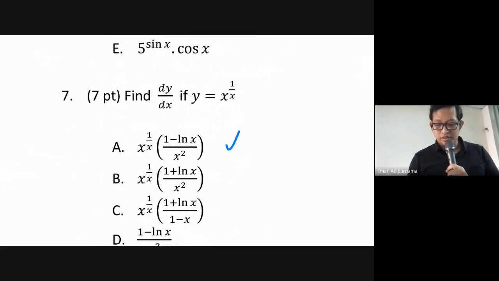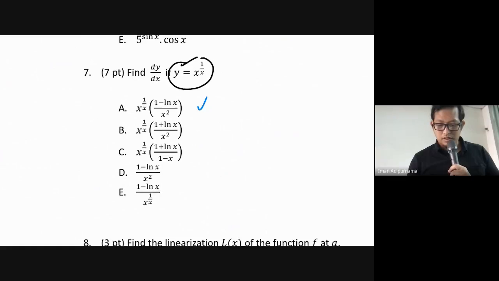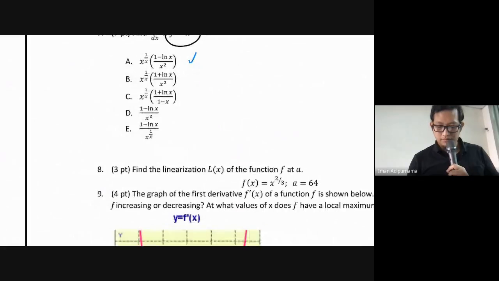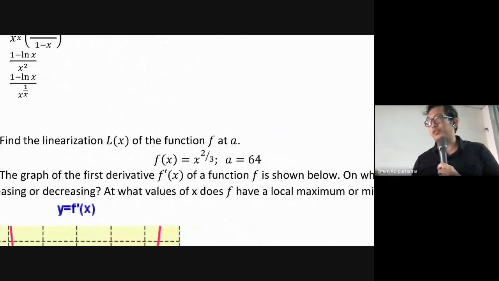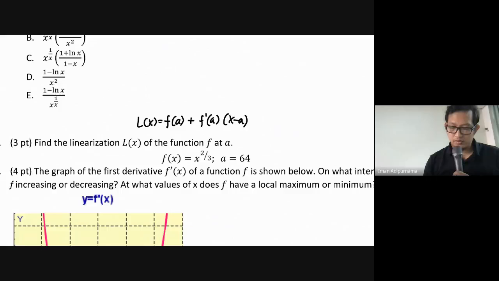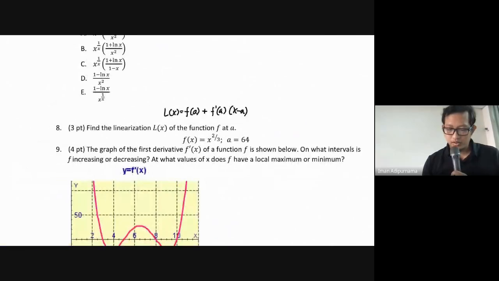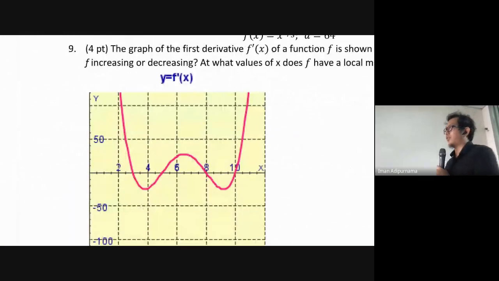And then this is also similar. I think you can also check it if you want. Find linearizations. You just put in all x and a into this formula. That's it. And then this we already did before.